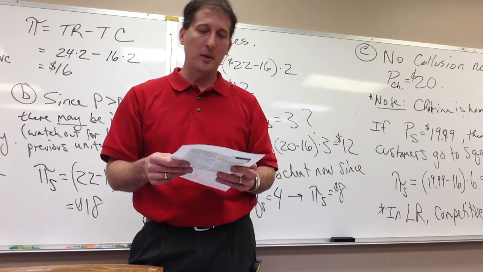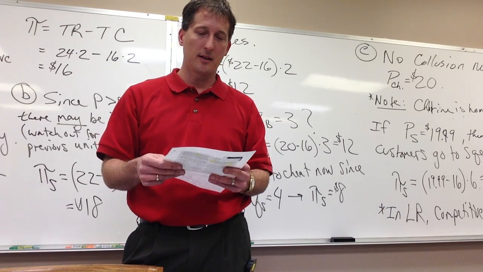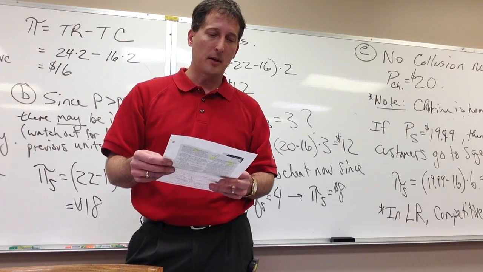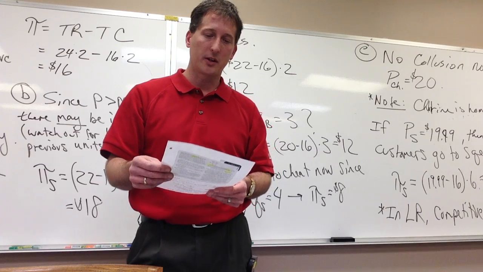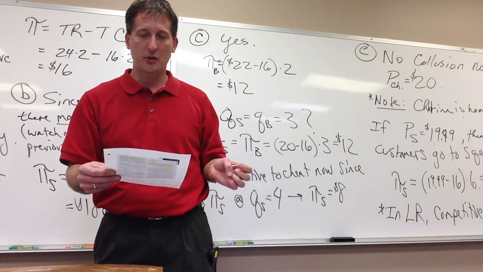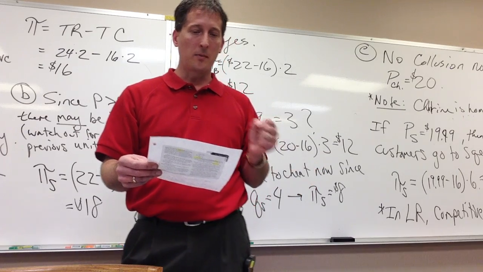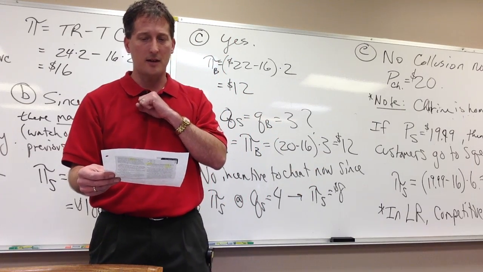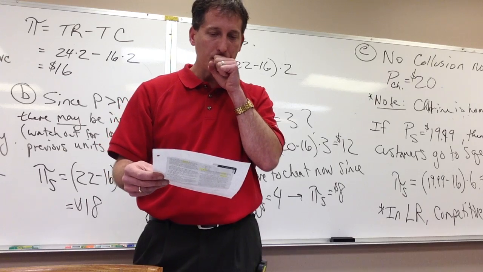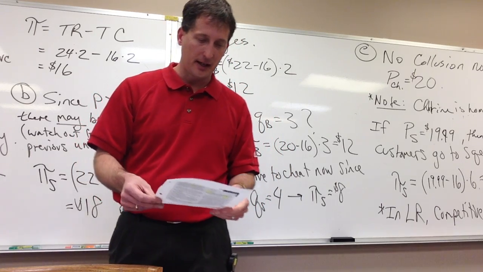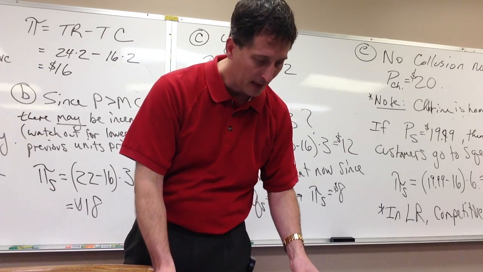So QO plus QG is the market quantity, big Q. Oil Pro has a marginal cost of $12 per oil change, while Grease Tech has a marginal cost of $20. Assume that neither firm has any fixed cost. So determine each firm's reaction curve and graph it.